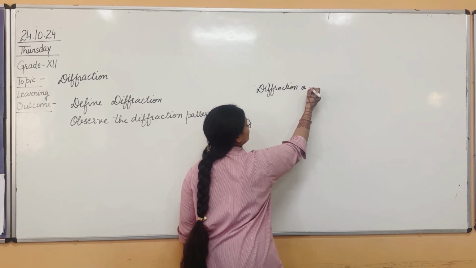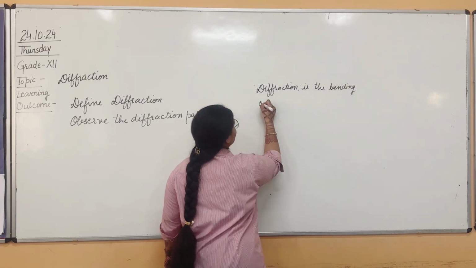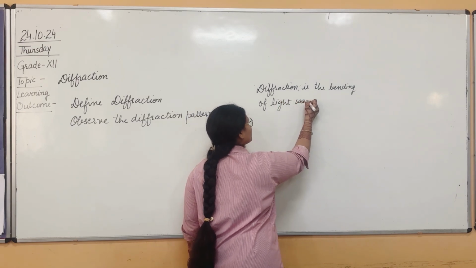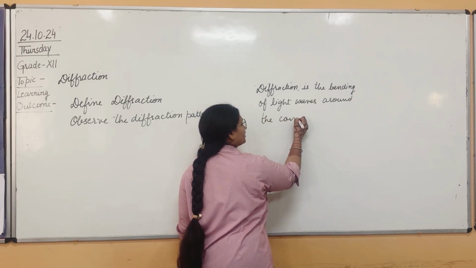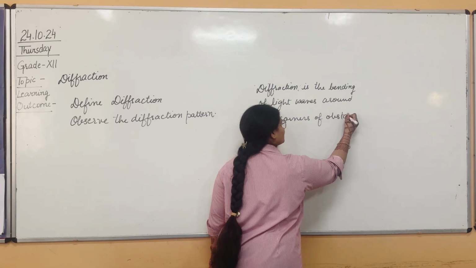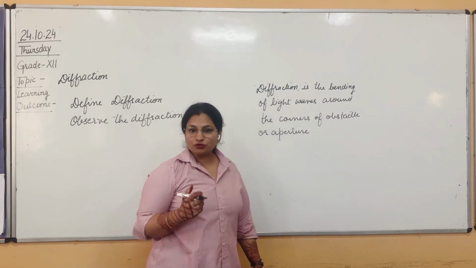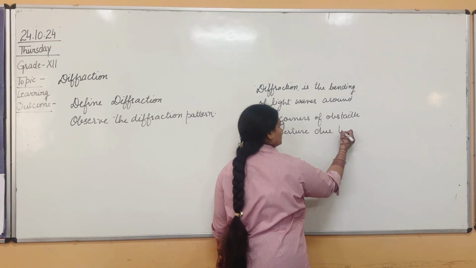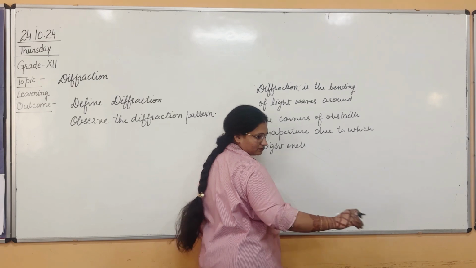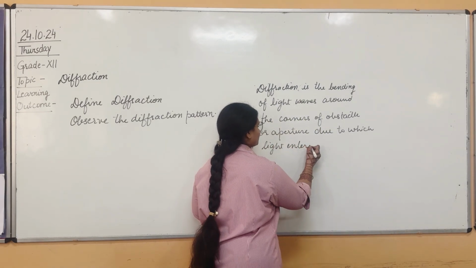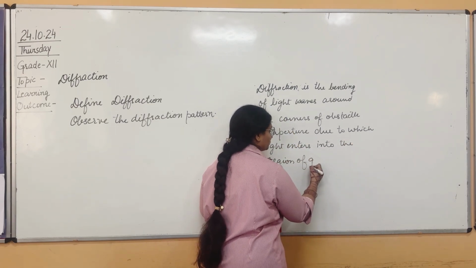Diffraction is the bending of light waves around the corners of an obstacle or aperture, due to which light enters into the region of geometrical shadow.